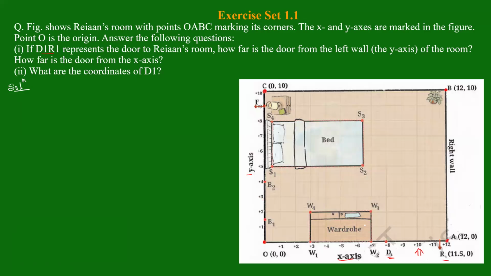So this door, how far is it from the left wall? From the left wall, if you see the origin here, this is +1, +2, +3, +4. So what is D1? D1 is 8 here. So here suppose 1 centimeter is taken as 1 feet.